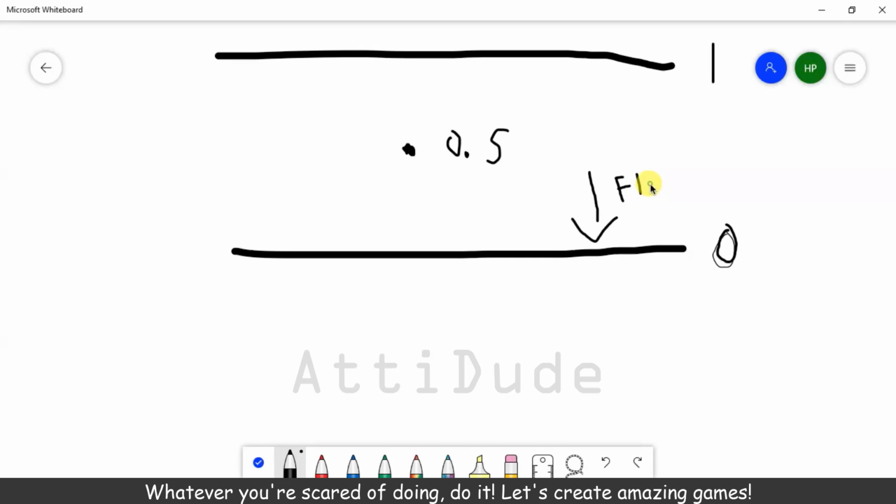So I can write floor. It was better if I were to use any other software. Let's just say floor. And floor does this.